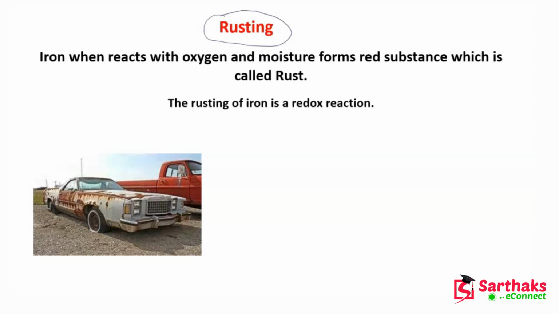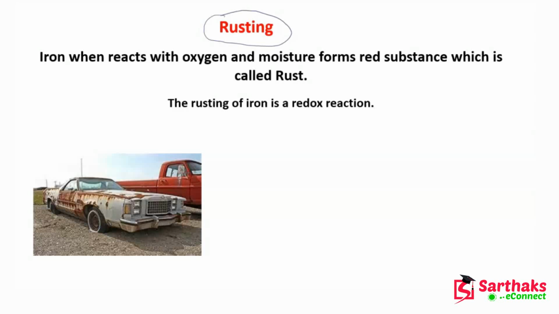In this picture you can see that on this car you might have seen a brownish layer has formed because of the corrosion. So this is an example of rusting, and this layer is known as rust.